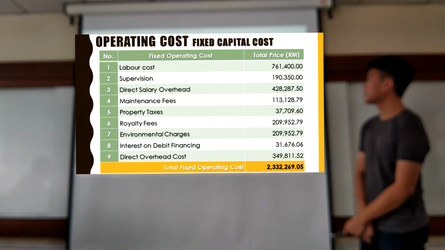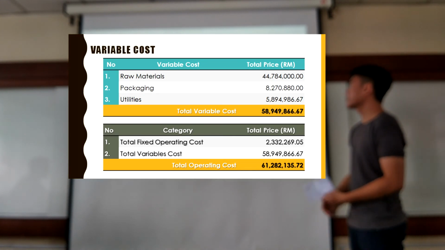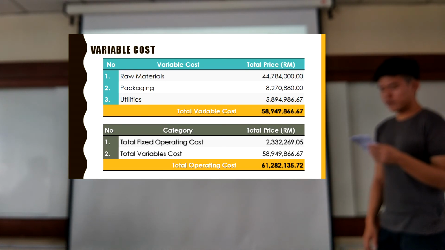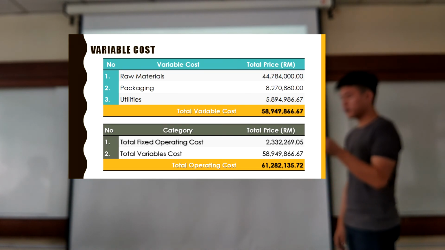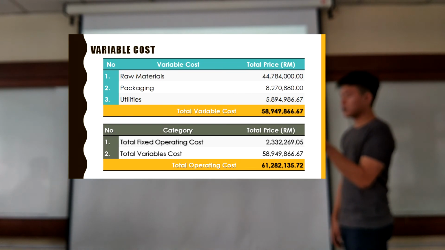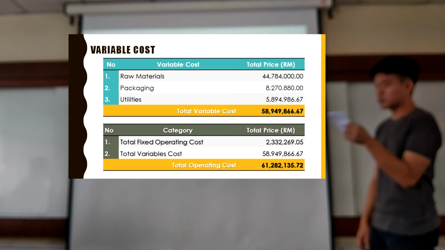Next, for the variable cost, we have raw material, packaging, and utilities. For the raw material, we purchase basmati rice and beef. Raw material also includes shallots, ginger, garlic, and so on, and other ingredients such as special ingredients, spices, and some flavoring agents.